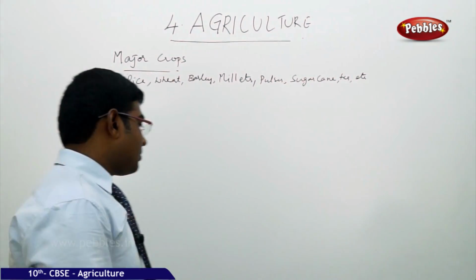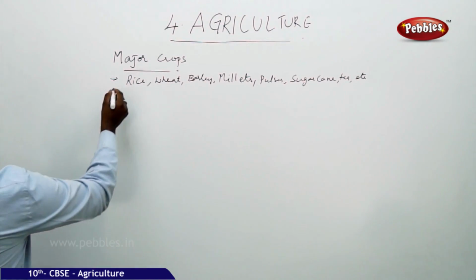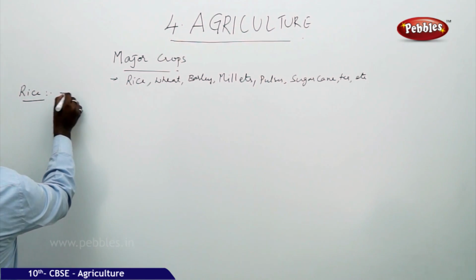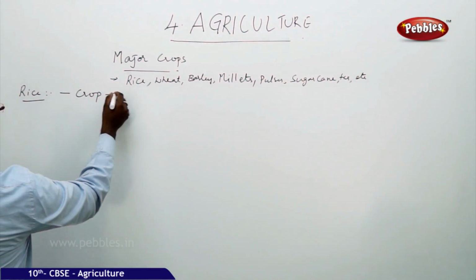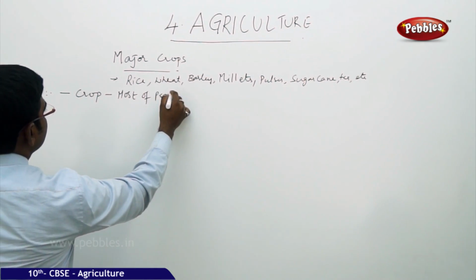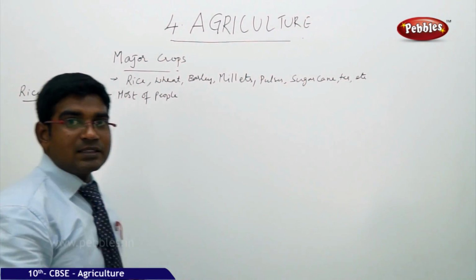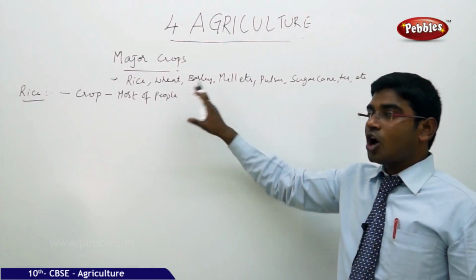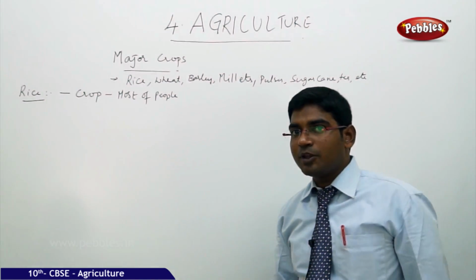Let us first learn about rice. Rice is a major crop for most of the people in India, because nearly 70 to 75% of Indians have this as a common food in their daily menu.